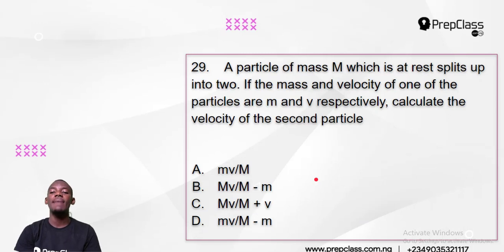A particle of mass m which is at rest splits up into two. If the mass and velocity of one of the particles are m and v respectively, calculate the mass and velocity of the second particle. Now, if you have a body at rest, mass m, and it splits into two, that means it began to move, and this phenomenon can best be explained by a gun.